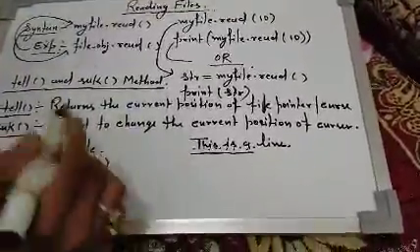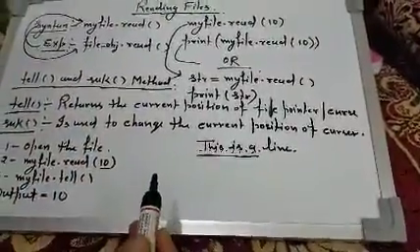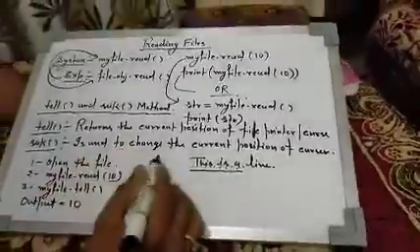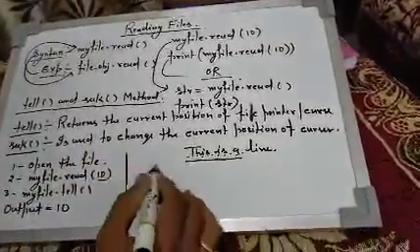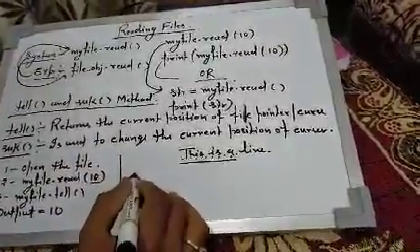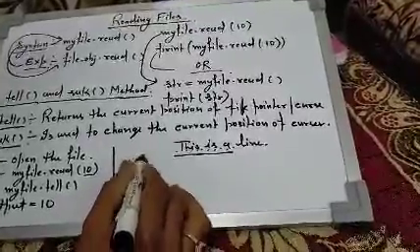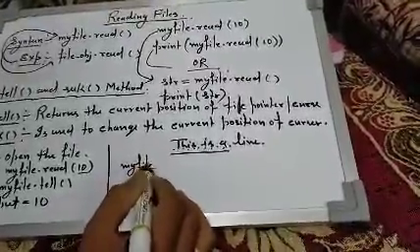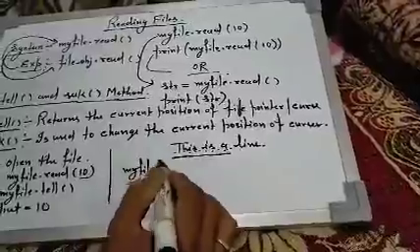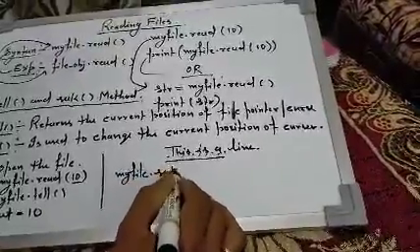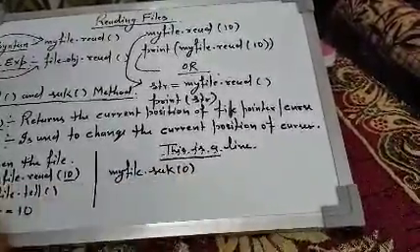Now again we reposition the cursor to 0. Suppose we write my file dot seek and 0.